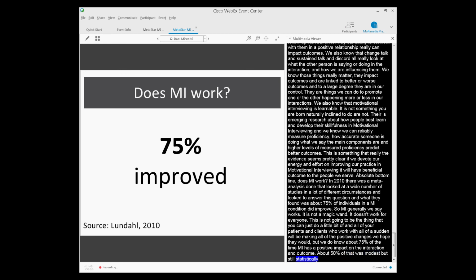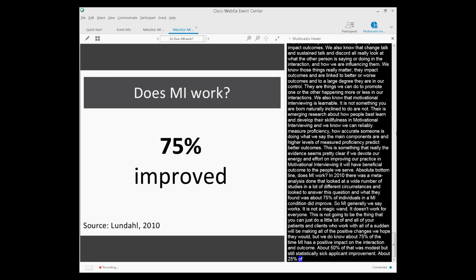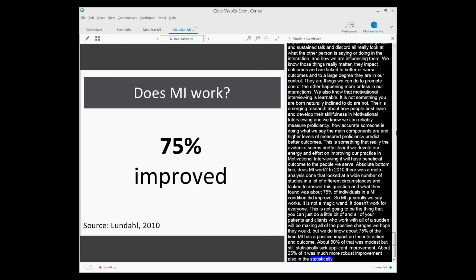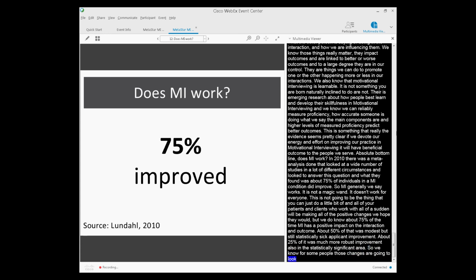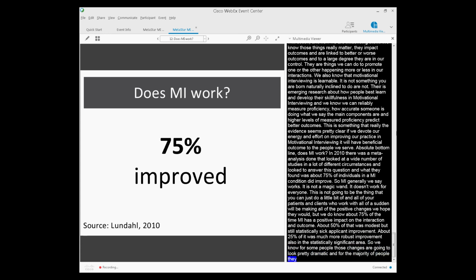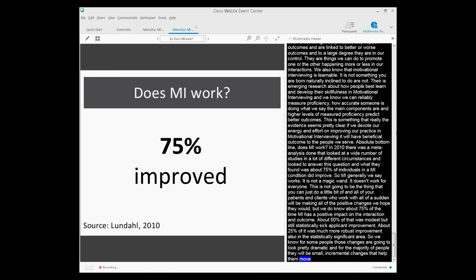And about 25% of that was much more robust improvement, also in the statistically significant area. So we know that for some people, those changes are going to look pretty dramatic. And for the majority of people, they're going to be small incremental changes that help them move forward in a positive direction toward the changes we're working to promote.